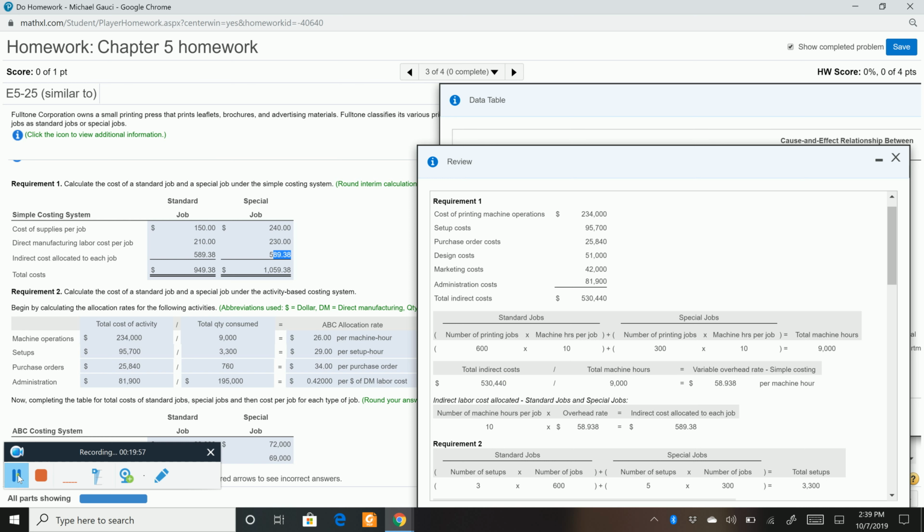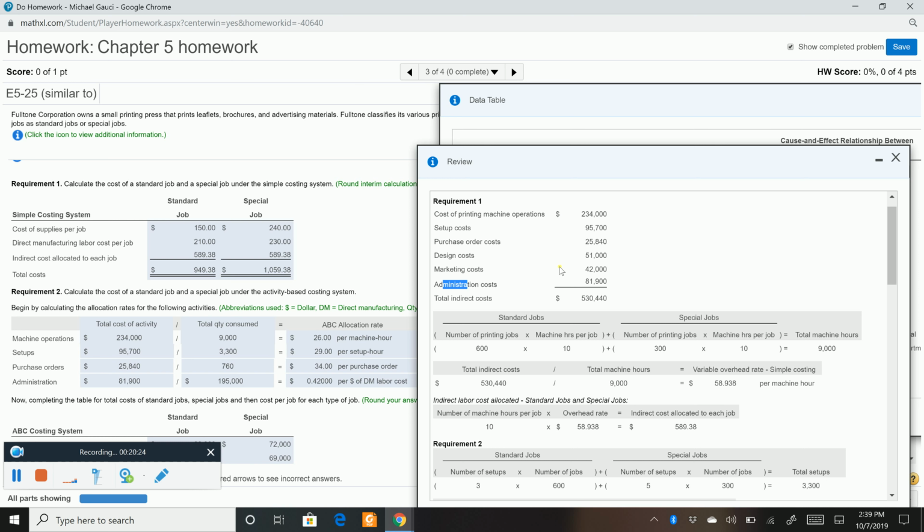So the indirect costs are a very high number. Because it's such a high number, it makes sense to use an activity-based costing system. What we want to do is drill down into these 6 different numbers: cost of printing machines, setup cost, purchase order cost, design costs, marketing costs, administrative costs. 1, 2, 3, 4, 5, 6.